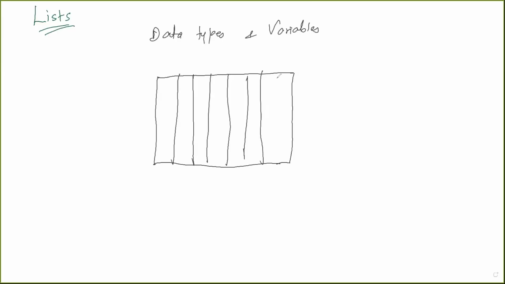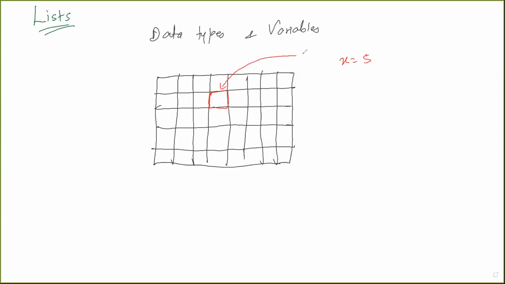All right, and we can name one of the particular spaces. We can give it a name and call it something which we can access later. So suppose there is one particular storage and we say x is equal to 5. Basically this particular location is given the name x, and the value placed in it is 5.